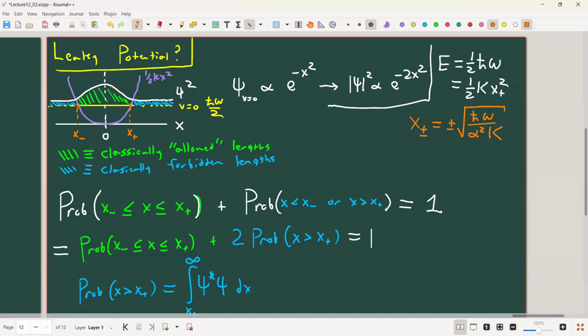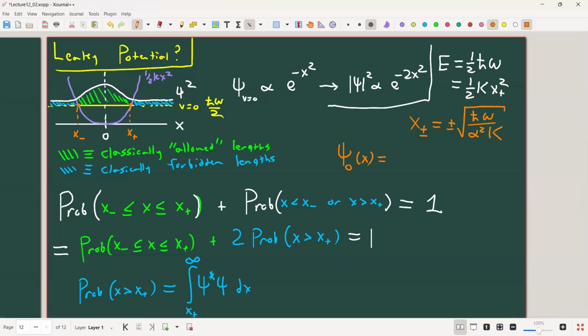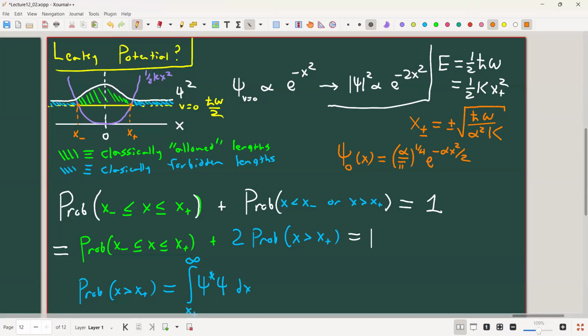And we have that the wave function for this system in the ground state is equal to, write it down, alpha over pi to the 1/4 e to the minus alpha x squared over 2. So x plus or minus is this complicated equation of a bunch of things.